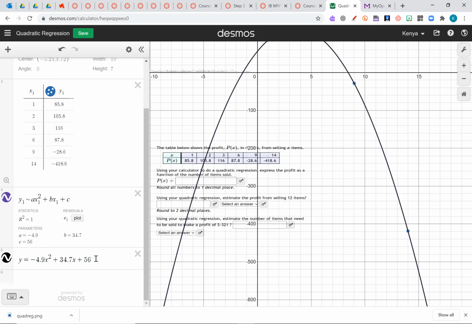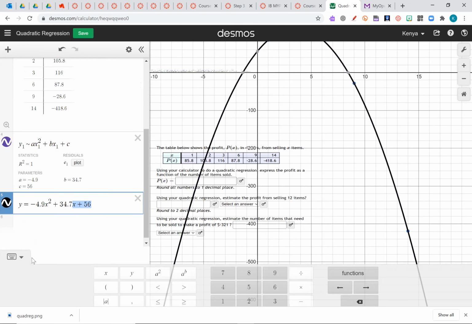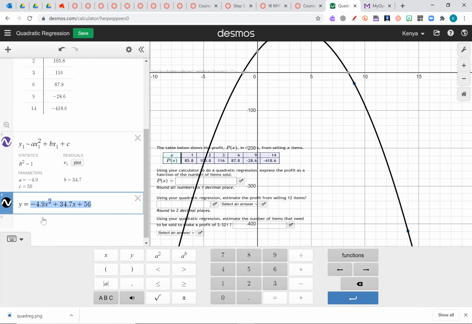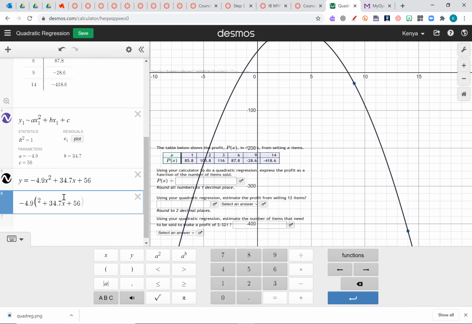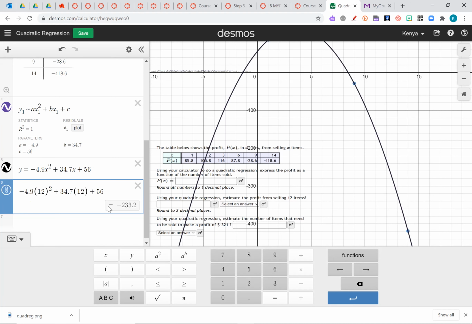So if I take this function and evaluate it for 12, I can get the answer. Everywhere I see an X, I'm going to plug in the number 12, because they want to know what the profit is when selling 12 items. And there goes our profit.